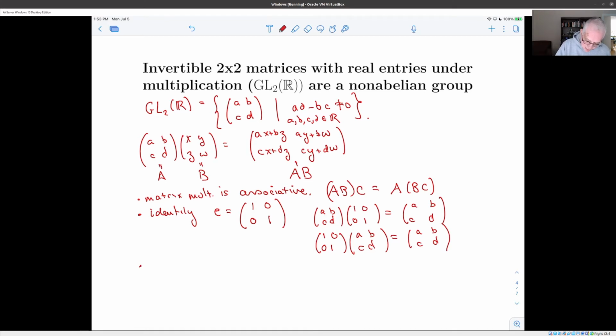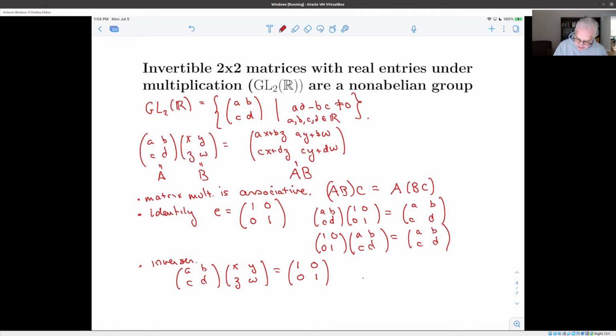The third property we need to check is the existence of inverses. That means if we have a matrix A, B, C, D, we need to find X, Y, Z, W so that the product is the identity. And in fact, here's where the condition about the determinant comes in. You probably know from linear algebra that if a matrix has non-zero determinant, then the matrix has an inverse.